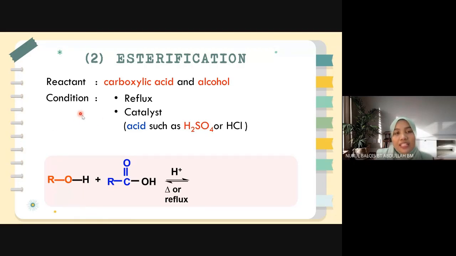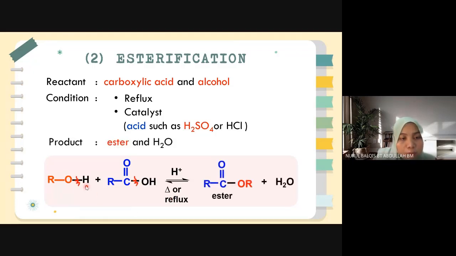Okay, the conditions for esterifications, you must use this reversible arrow, and then we have the acid catalyst H+, and you can use heat or reflux, okay, sebagai support kepada this acid catalyst. And lastly, kita akan pecahkan bond ni, kita akan remove hydrogen daripada alcohol, and then we got our ester and water.